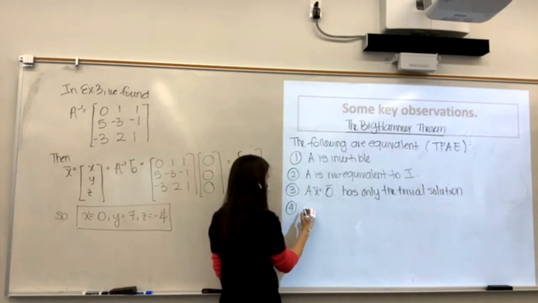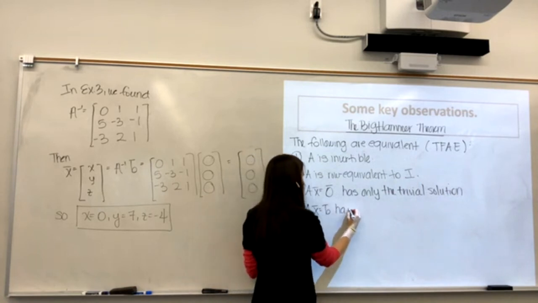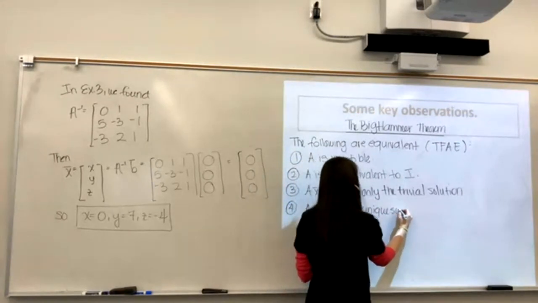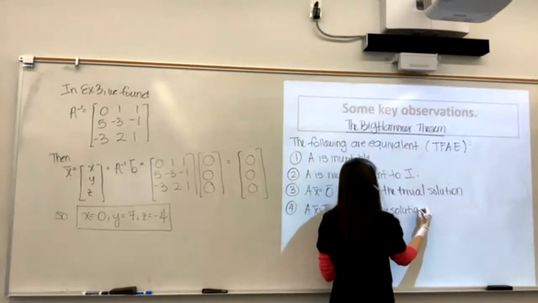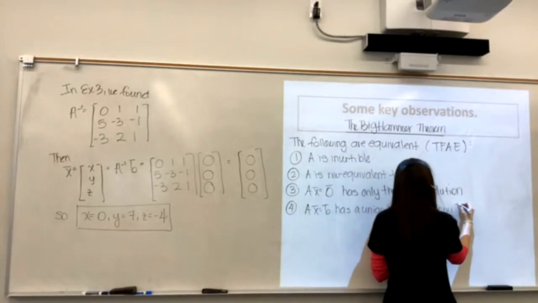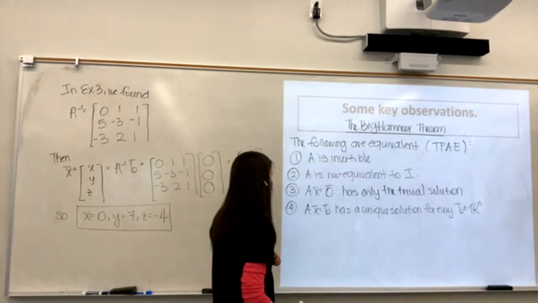Number 4, AX equals B has a unique solution for every B in R^n.